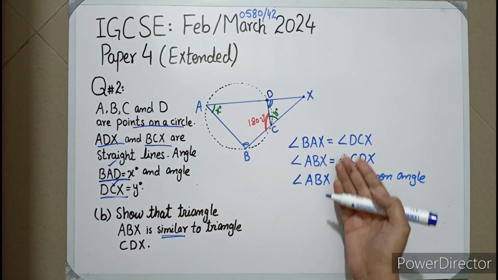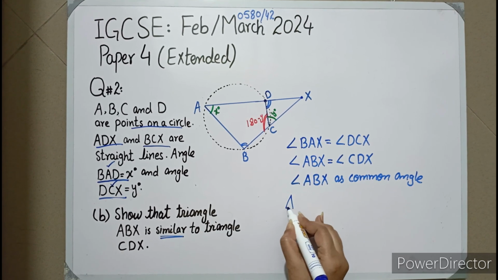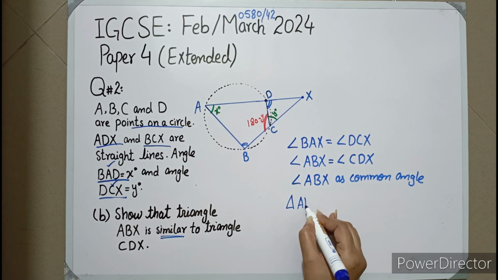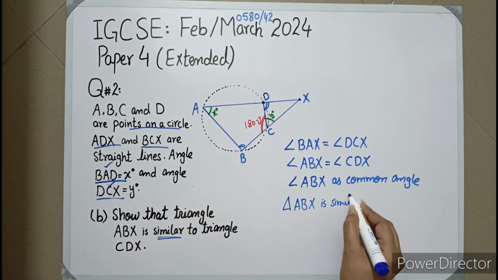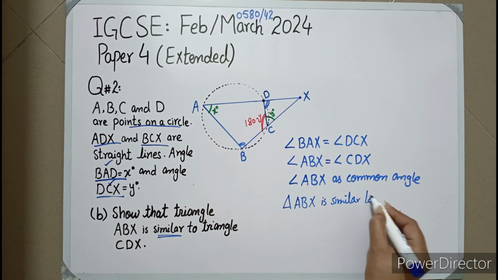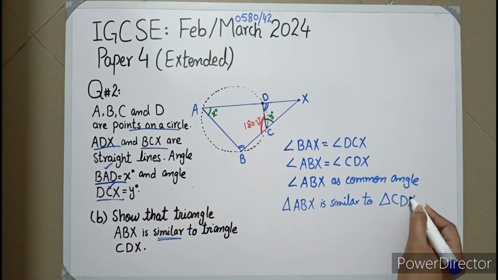So, by all these three logics, we conclude triangle ABX is similar to triangle CDX.